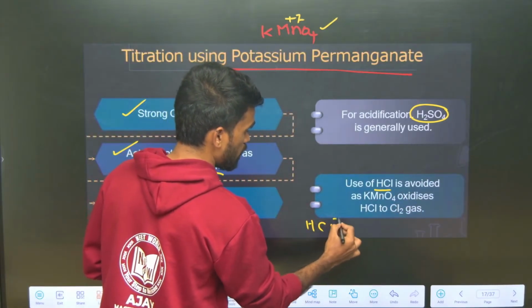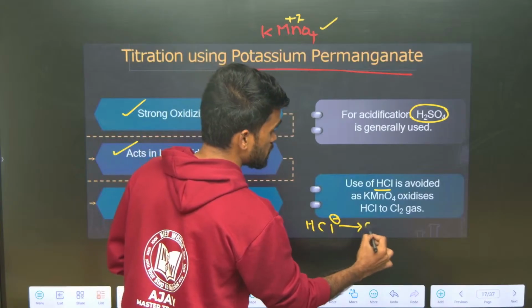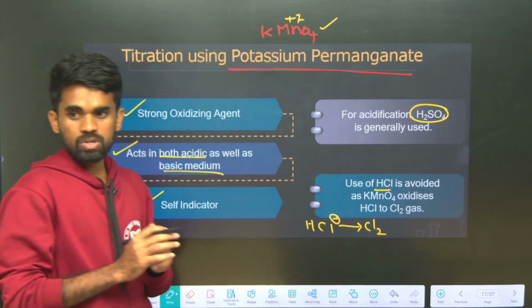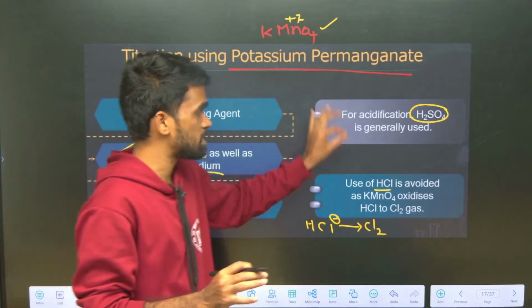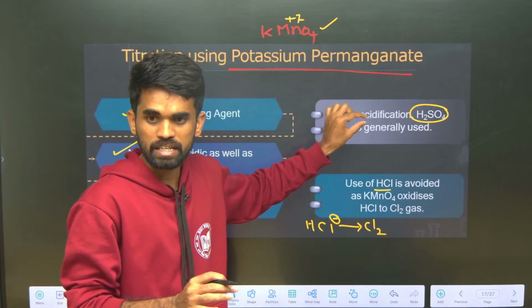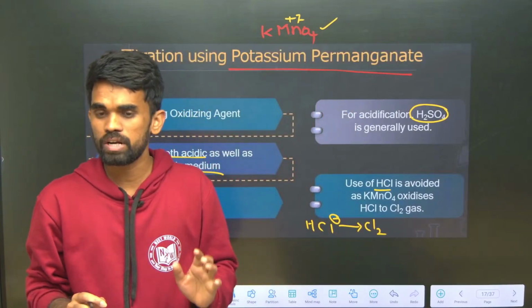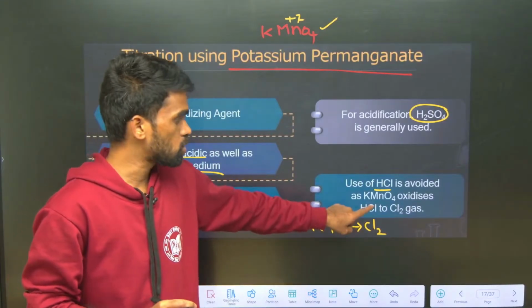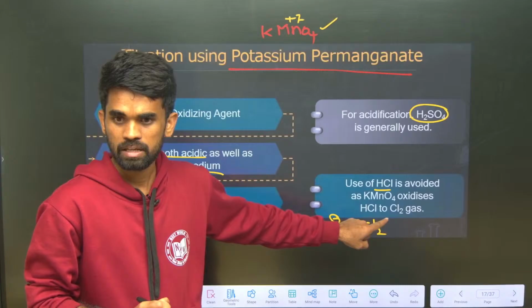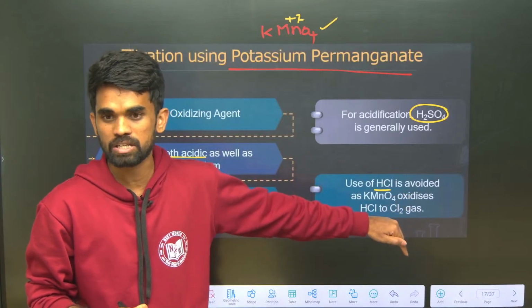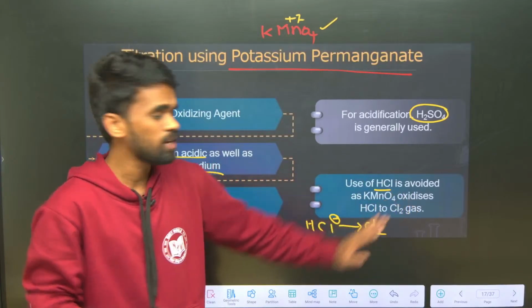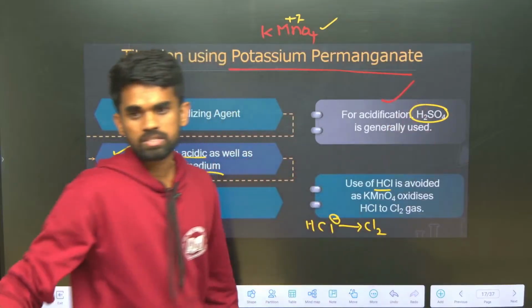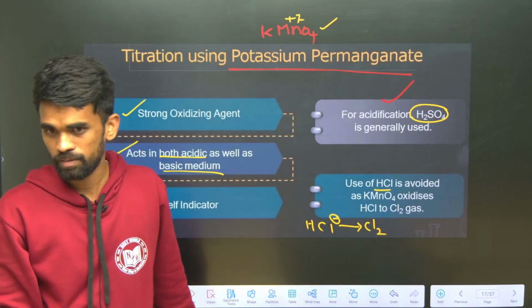That Cl minus will be oxidized to Cl2. Whatever acidic medium we are making, that reagent should not be involved in the redox process. If I use hydrochloric acid, that chloride ion will participate in the reaction. That should not happen. So that's why we prefer sulfuric acid over HCl.